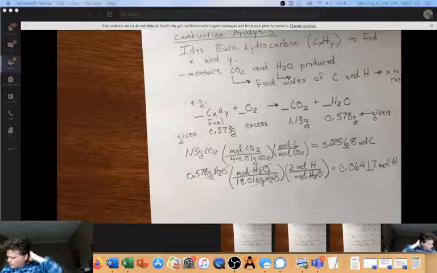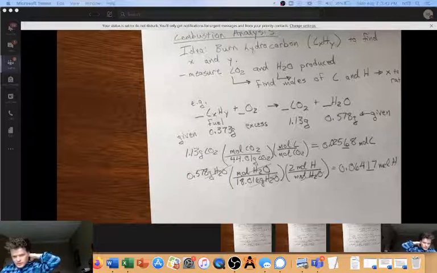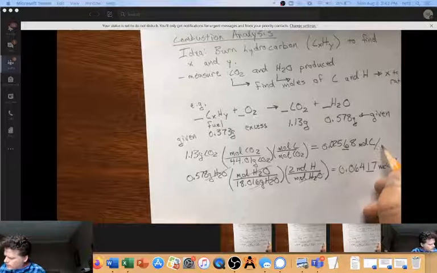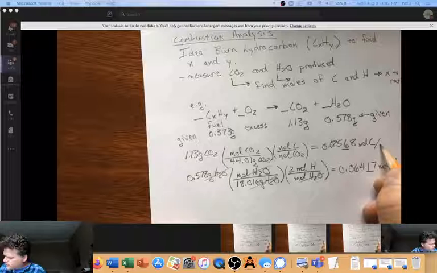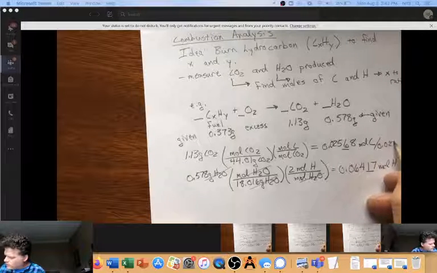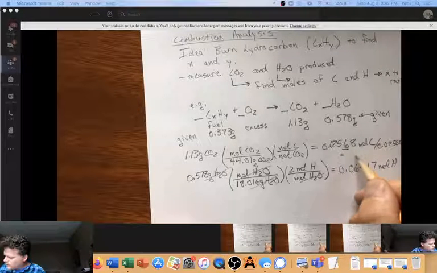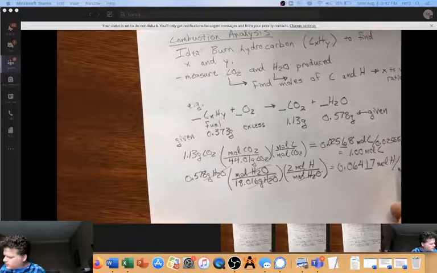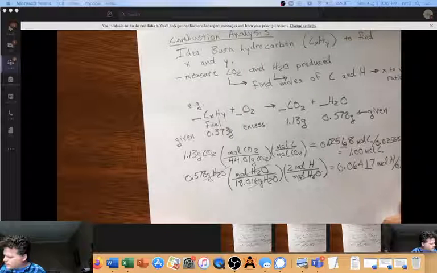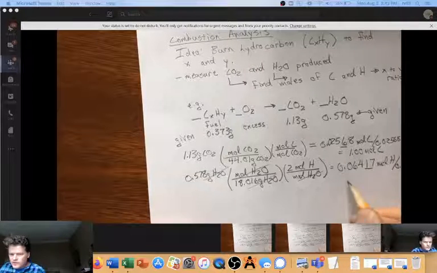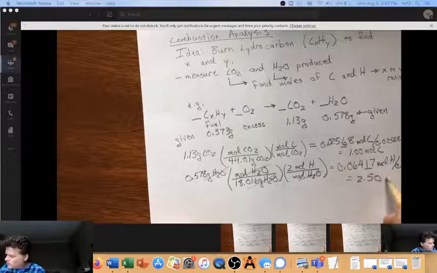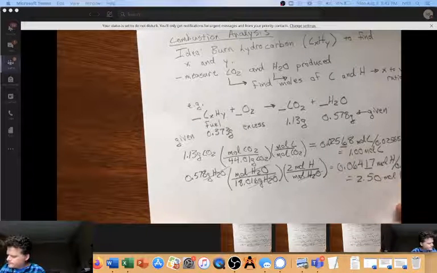Now I'll divide both by the smallest number. The smallest number is with the carbon, so divide by 0.02568, just like we would do with an empirical formula, and that gives us 1.00 moles of carbon. Divide this by 0.02568, and that gives us 2.50 moles of hydrogen.